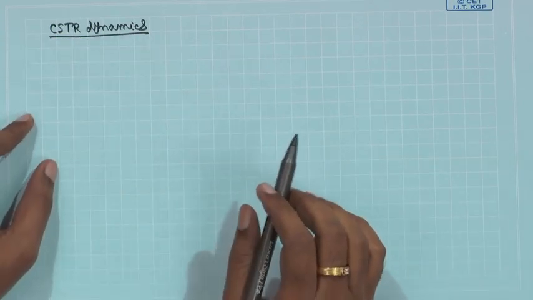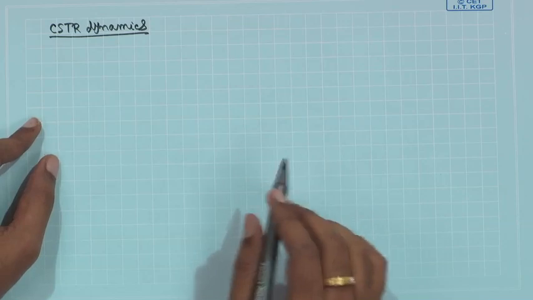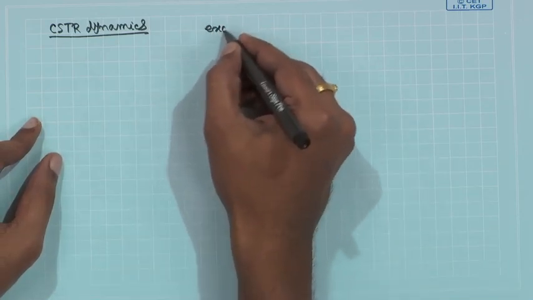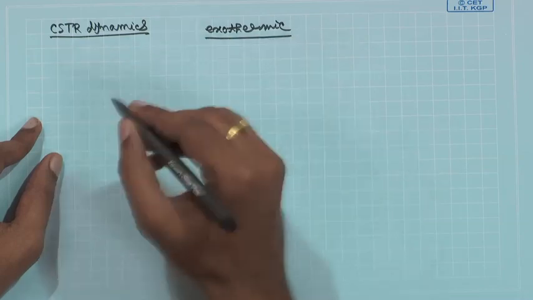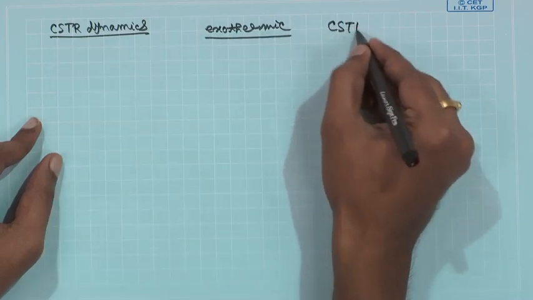Let us say we are doing an irreversible first order reaction, an exothermic reaction, in a continuously stirred tank reactor.